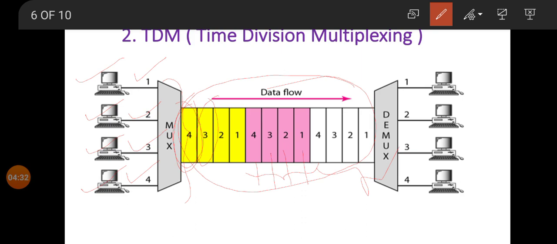In TDM, the example is TV channel and advertisement. Whenever you watch any TV channel, you get some advertisements in between. Whenever the TV program is broadcast, that program is using the complete bandwidth of the channel, but for a particular time.